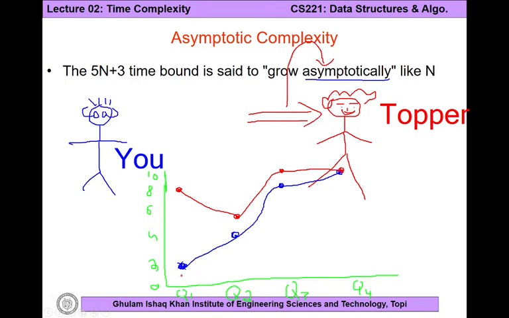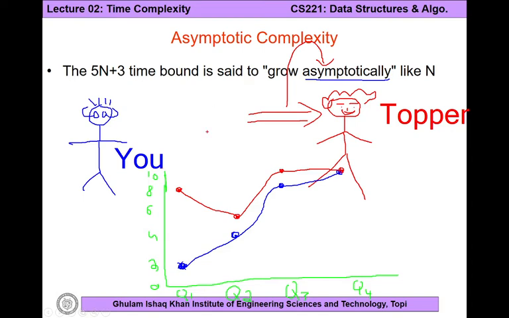So if you see here, this blue line which represents you is always less than this red line, and the red line represents the asymptote. But if you have worked very hard, you end up reaching your asymptote, but you could not cross it, right? So this is a simple example where you can better understand the asymptote, right?